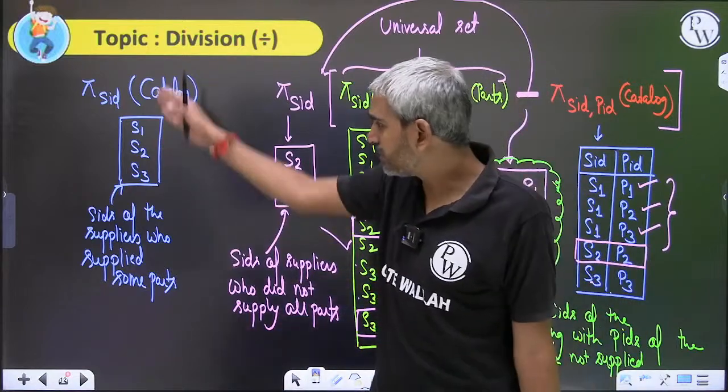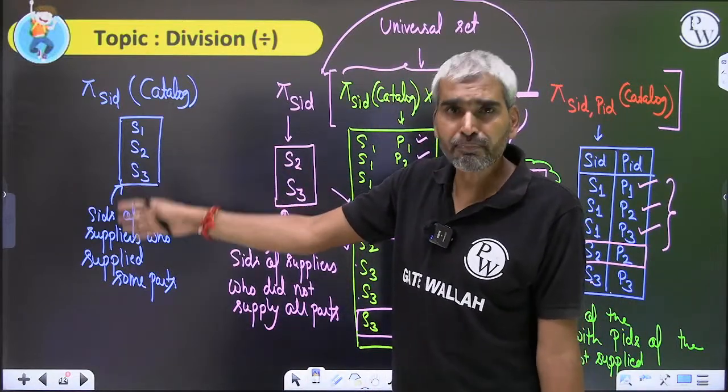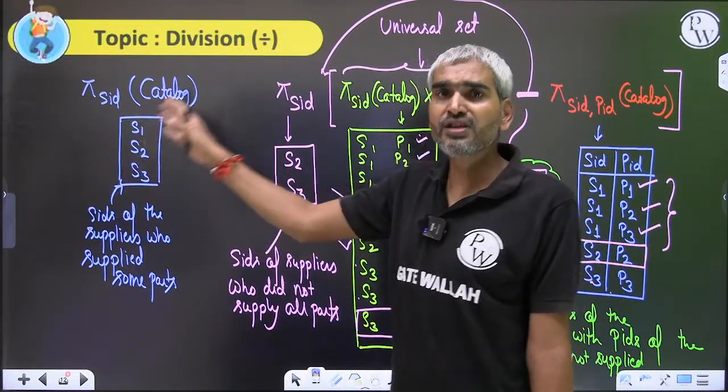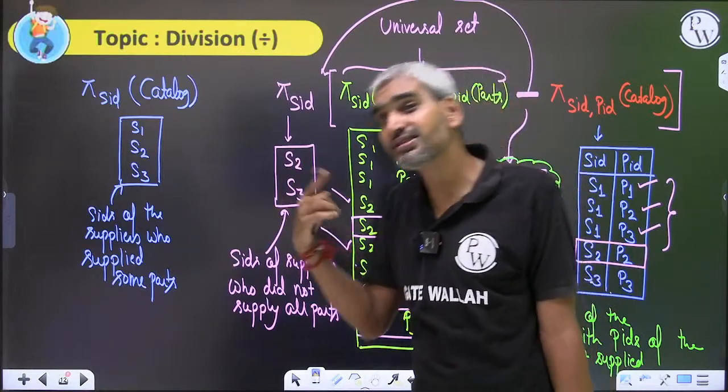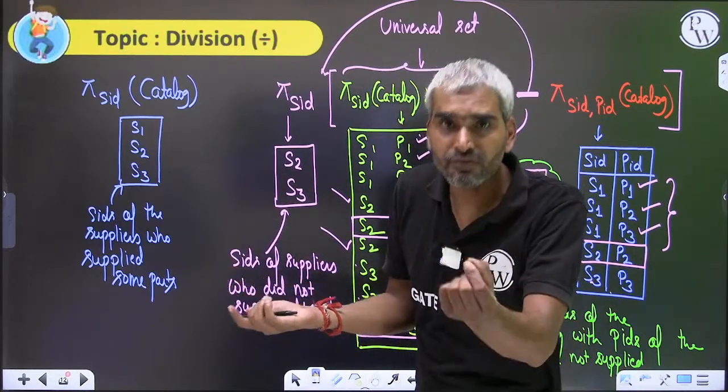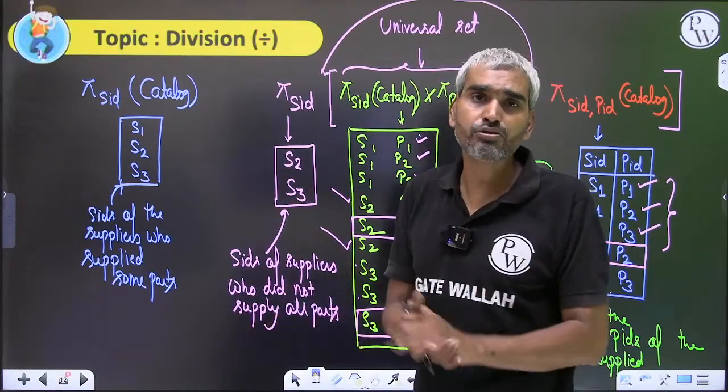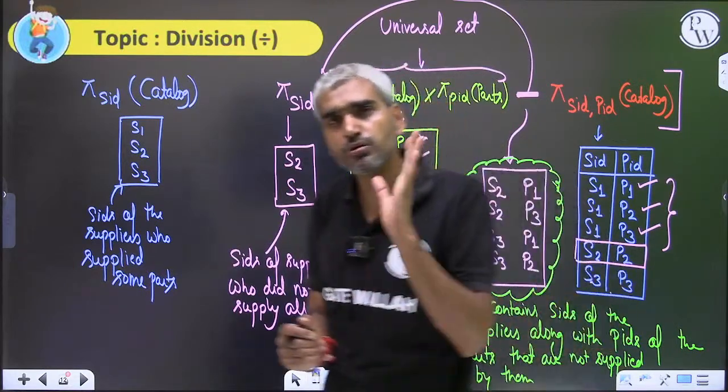So out of these suppliers who have supplied some parts, if we subtract those suppliers who have not supplied all parts, then we will be left with the SIDs of the suppliers who have supplied all parts. Yes or no?